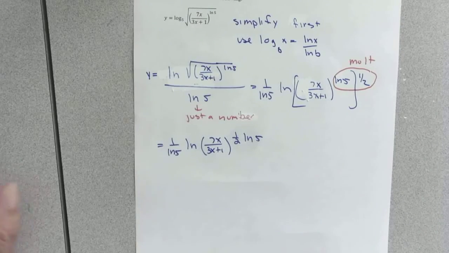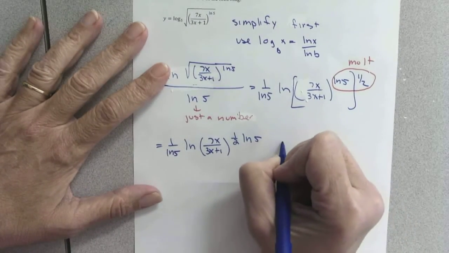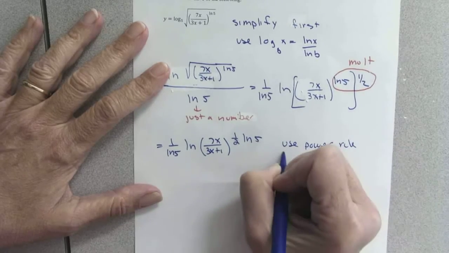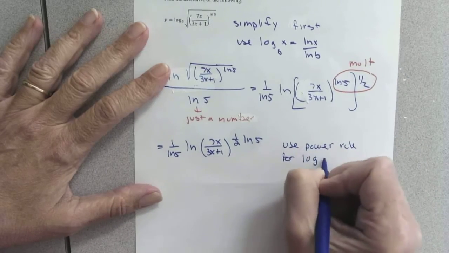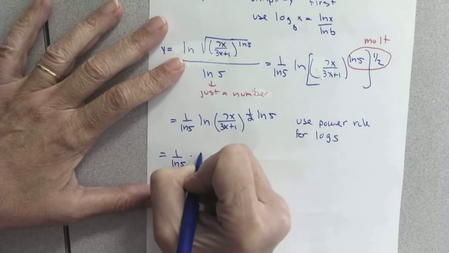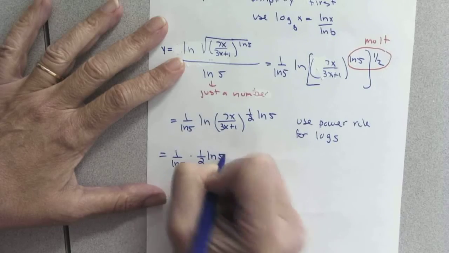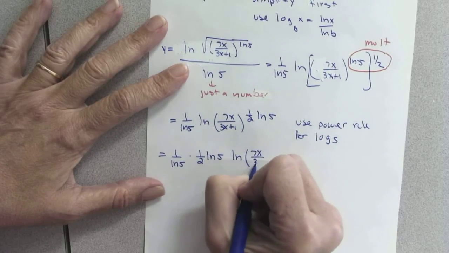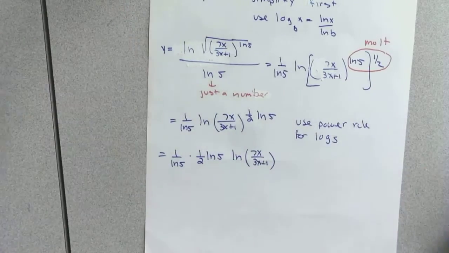Keep simplifying. Use the power rule for logs. So I'm going to have 1 over the natural log of 5 times 1/2 natural log of 5 times the natural log of 7x over 3x plus 1.